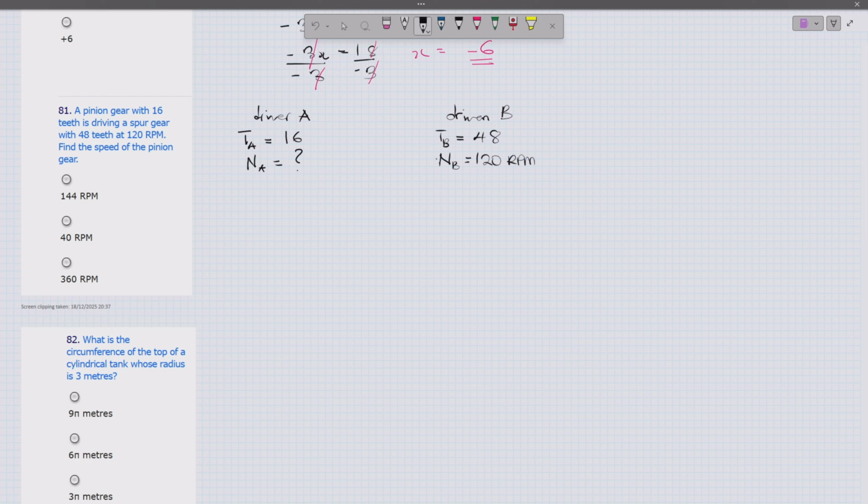So the teeth times the RPM are supposed to be equal. So TA times NA equals TB times NB. So to find NA, you divide through by TA.